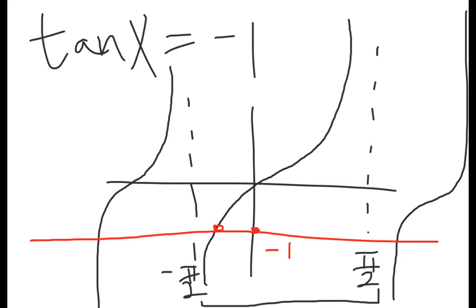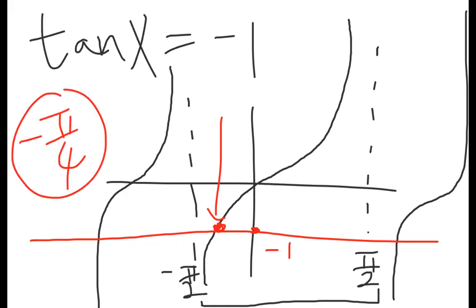And you can see that you have one right here. Then using the calculator or whatever, or the circle, you can find out that this is minus pi over 4.